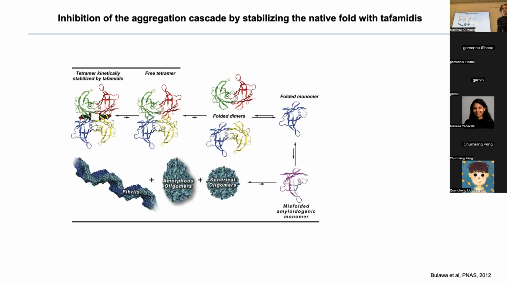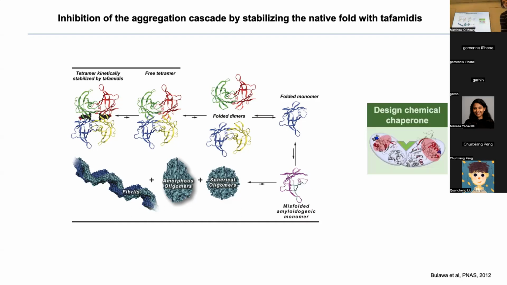In fact, this has been used as a drug to treat the amyloidosis caused by transthyretin. So this is an example where there's a possibility for a target where you can try to design a chemical chaperone for this particular protein.